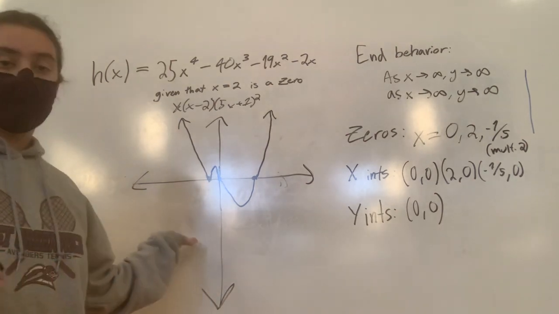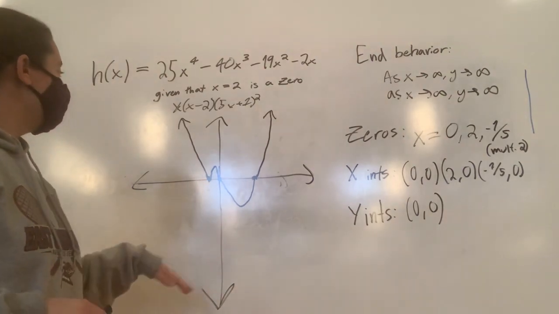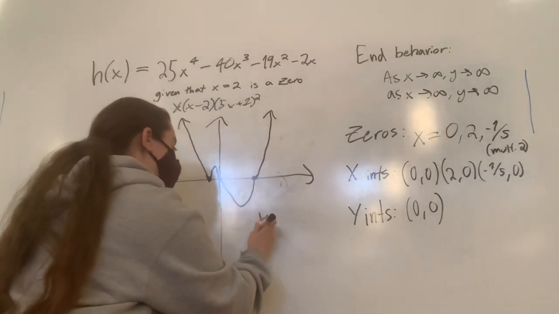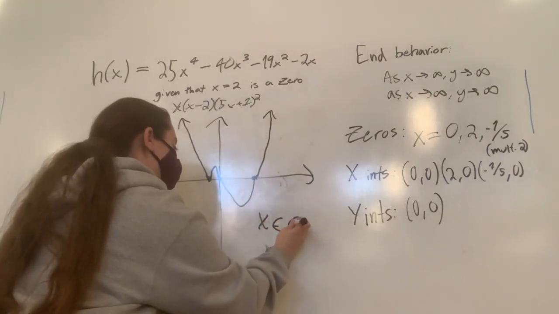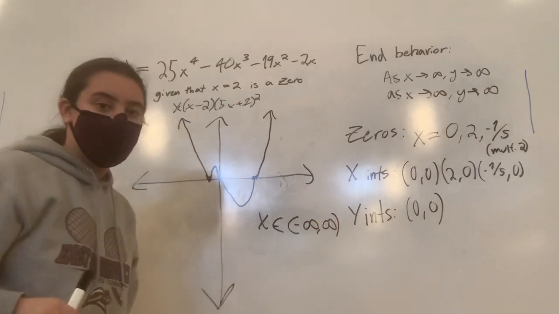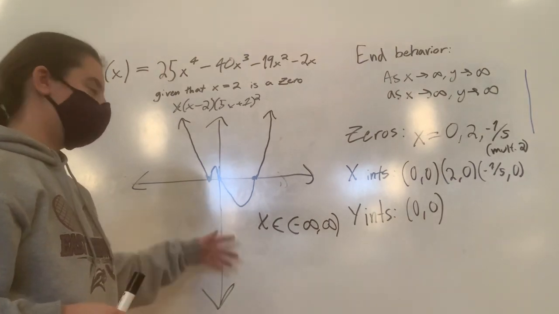Now if we want to find our domain and range, we know that x is going on forever in both directions. So our domain is written as x is an element of negative infinity to infinity. But as for our y, we really don't know how far down this goes.